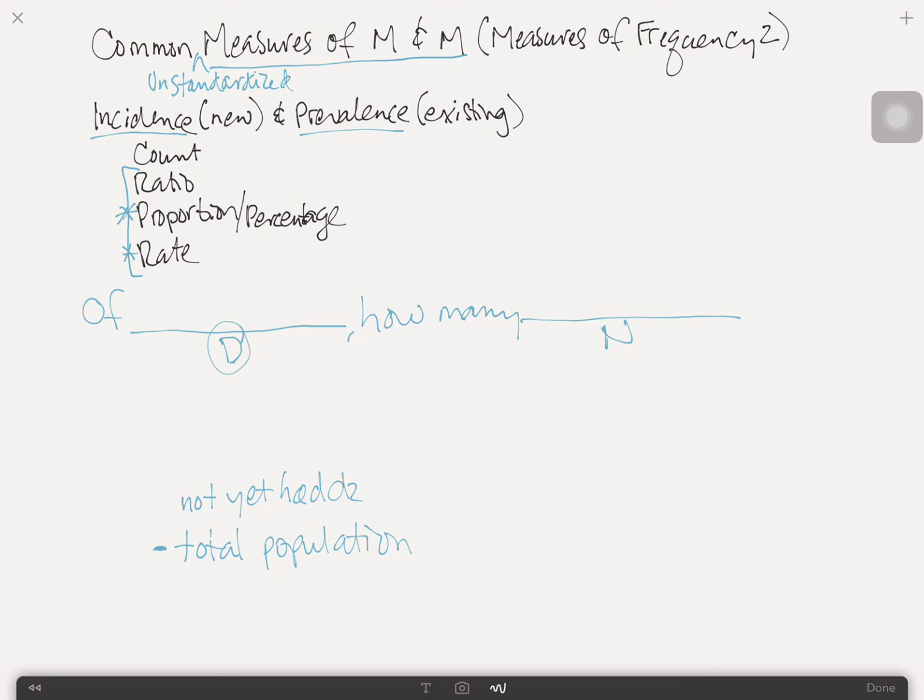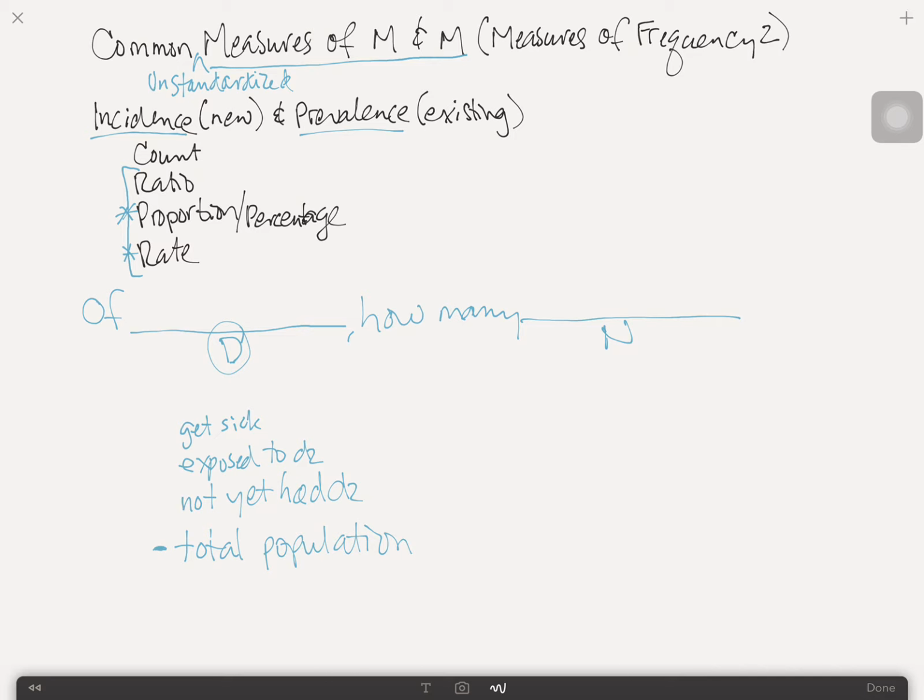And of those who have not yet had that disease, there's a subpart of that that is exposed to the disease. So not everybody who has not yet had it automatically is exposed. In other words, these are subparts of each other. Of those who are exposed, only a subpart of those actually get sick.